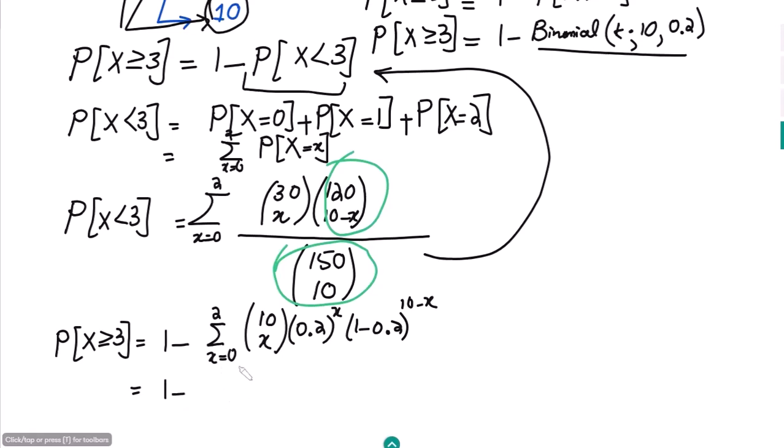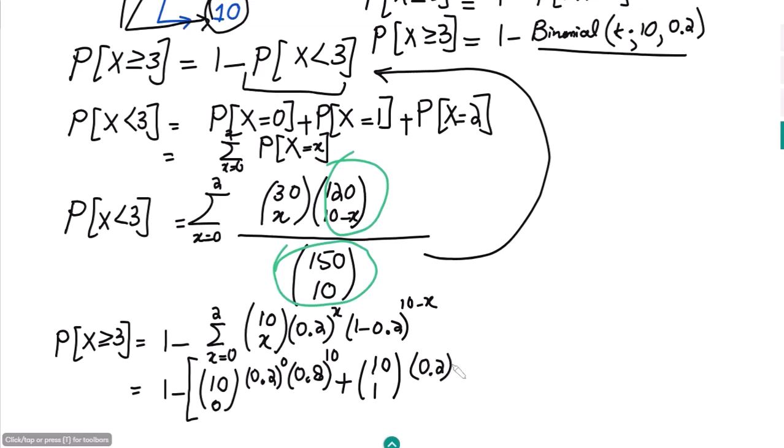For x equal to 0, it would be 10 choose 0, 0.2 to the power 0, and 0.8 to the power 10. Plus, similarly, 10 choose 1, 0.2 to the power 1, and 0.8 to the power 9, because 10 minus 1 is 9.